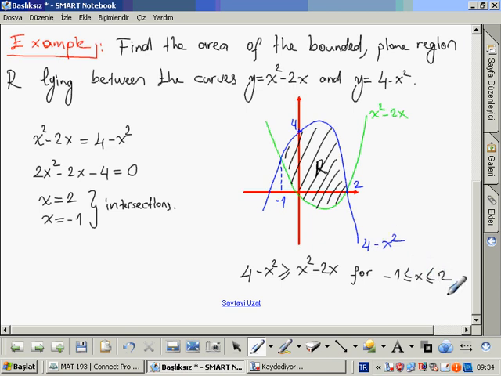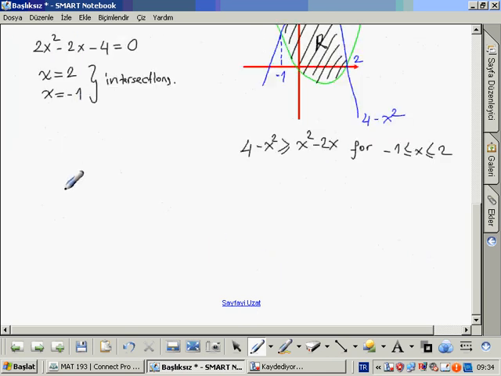When you calculate the total area, you must write the integral from minus 1 to plus 2, which are the intersection points of these two curves, of the big one, 4 minus x squared, minus the small one, x squared minus 2x, dx.